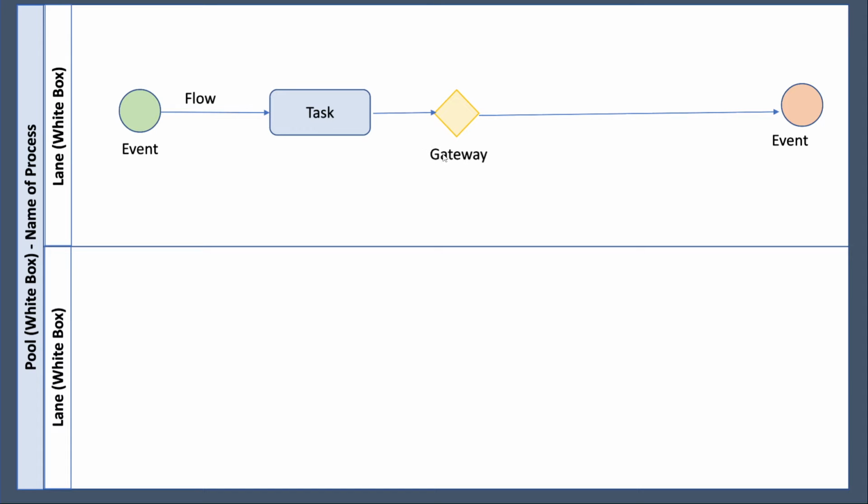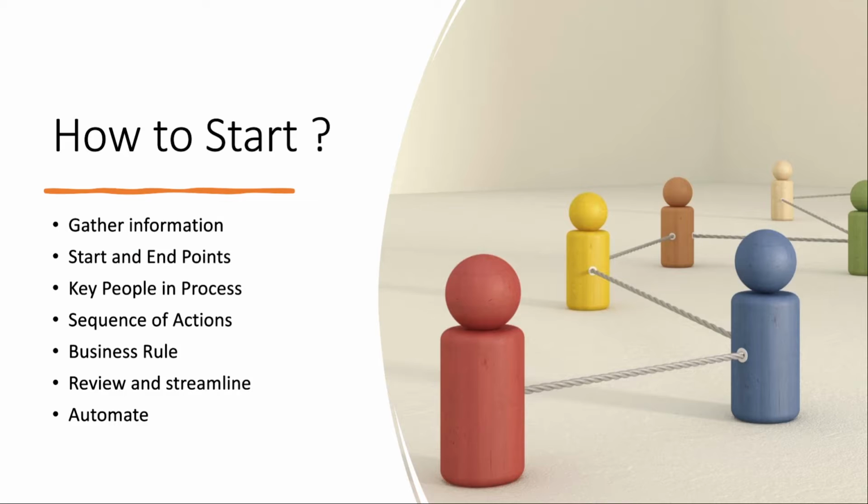Again, the flow will flow like this, and through the gateway we can have the yes or no option, that I'll explain when we do the process flow in the software. So this is a simple process that explains what a pool is, what lanes are, what the start event and end event are, what the tasks are, what the gateway is, and what the flow is. These are standard terminologies that we'll be using across business process mapping.